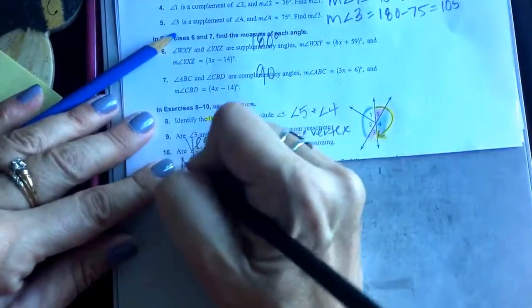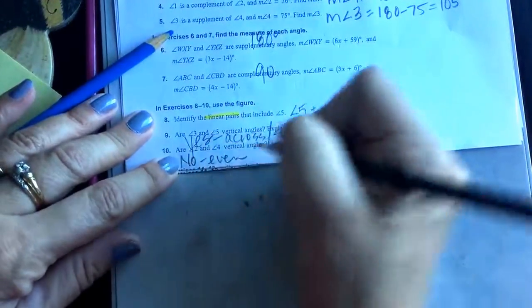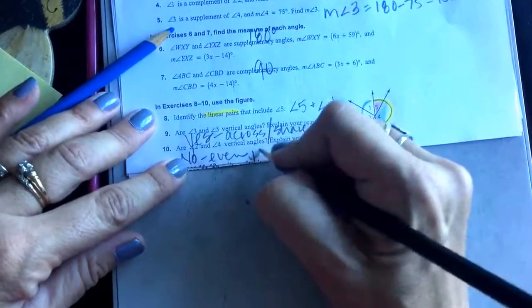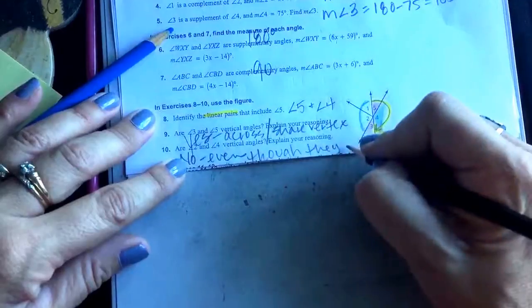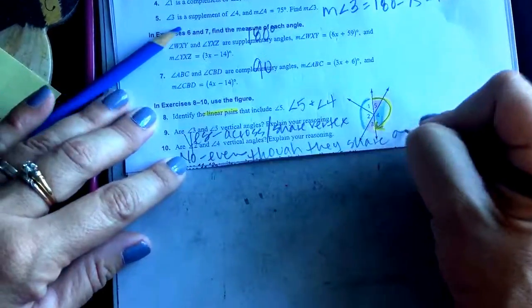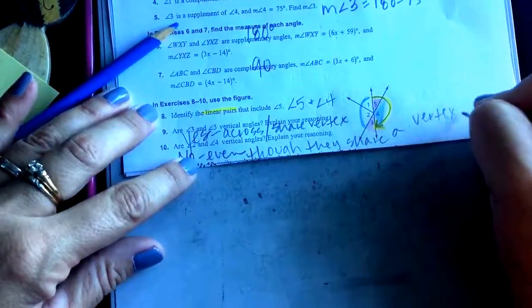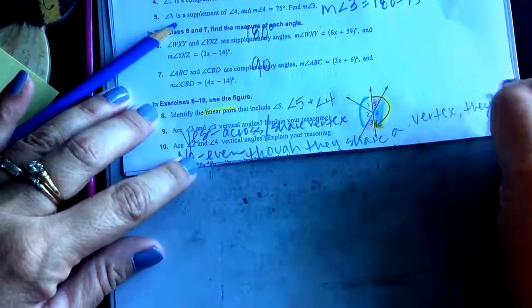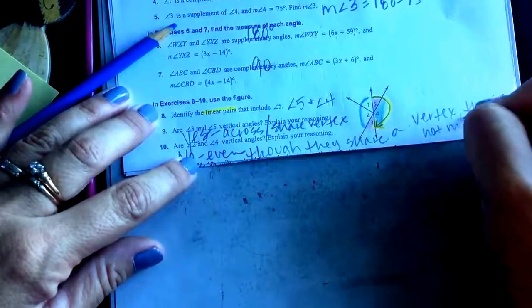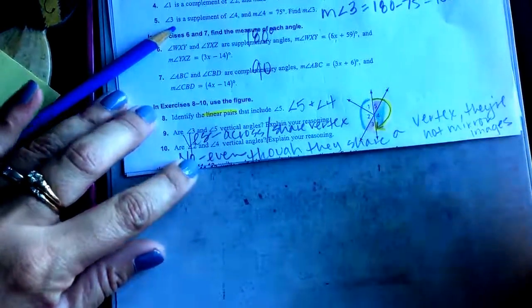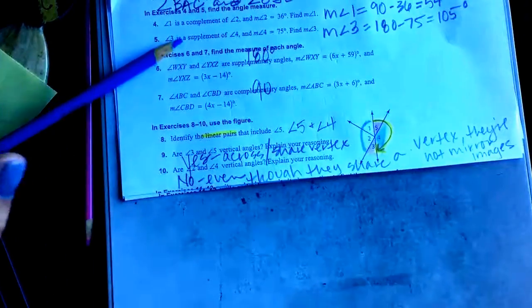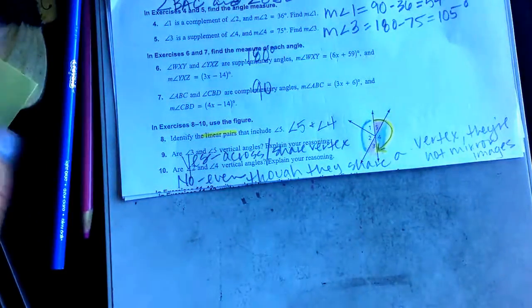So, no, even though they share a vertex, they're not mirror images of each other. So that would be a way that we would do our explanation for that.